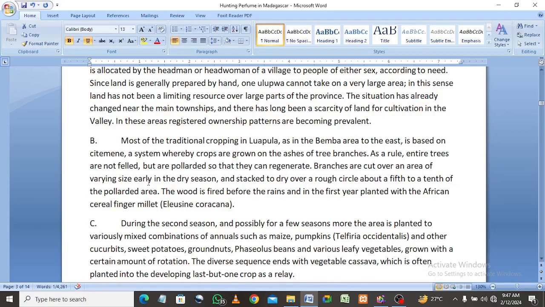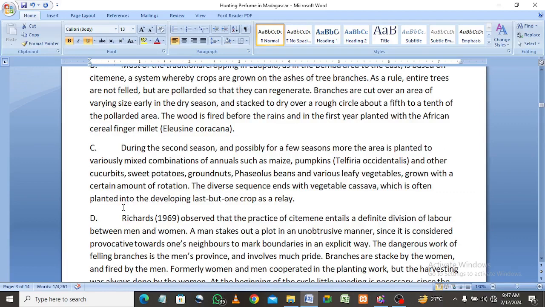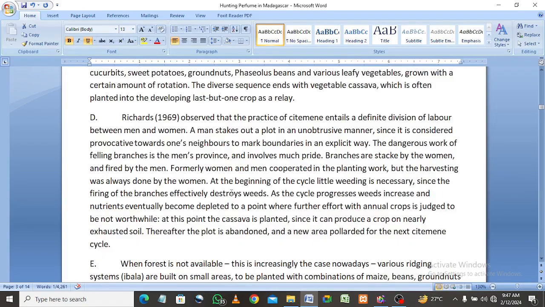So don't think that you are wasting time; with more practice using this technique, you will get it. Those keywords are not in paragraph B. Check line by line. It's not in paragraph C.